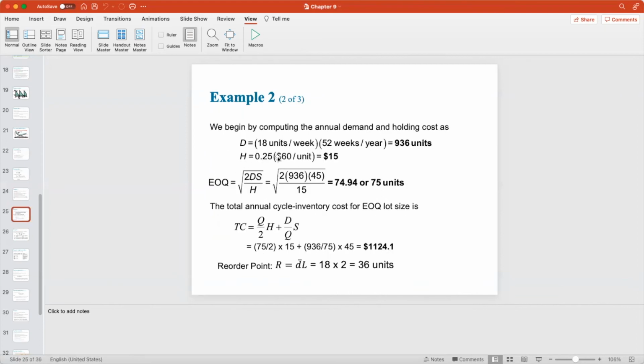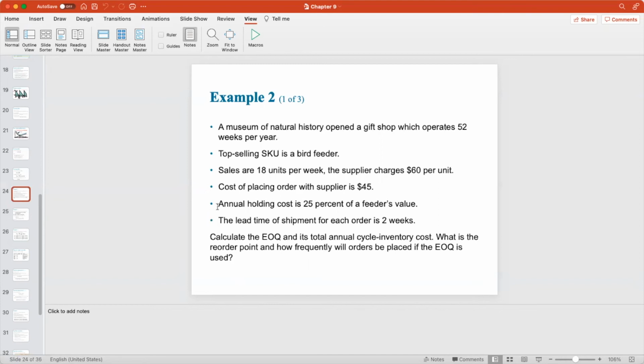And another one is H within the EOQ equation. What does H represent? H represents the annual holding cost. How do we calculate the annual holding cost? Very easy. Here, we know the annual holding cost is 25% of the feeder's value. What is the feeder's value here? You see the supplier charges $60 per unit.